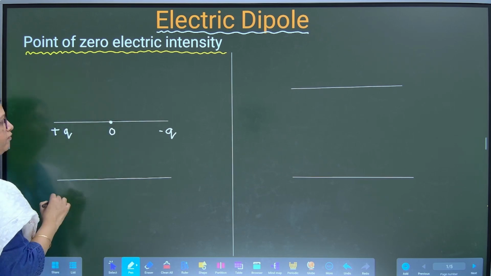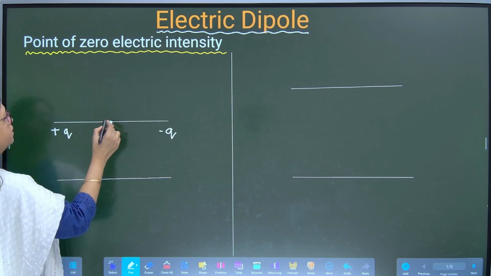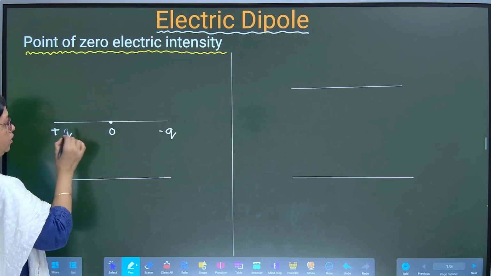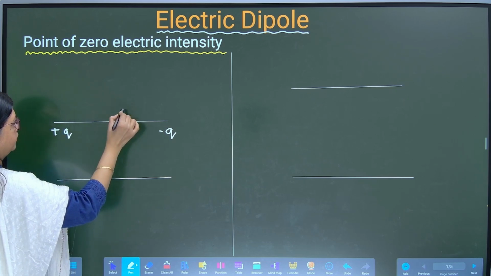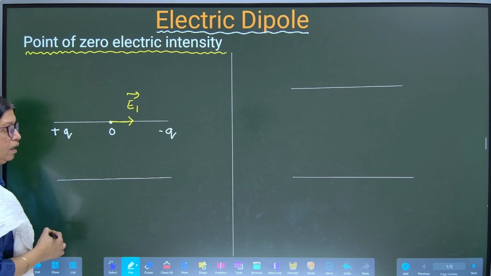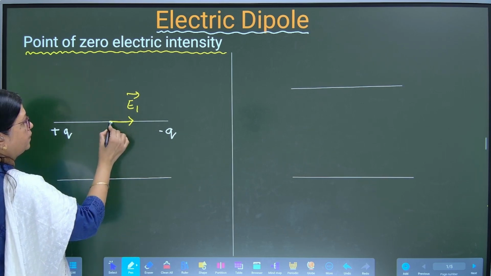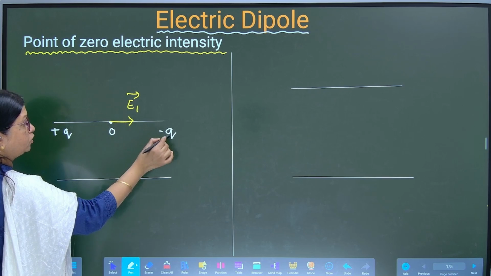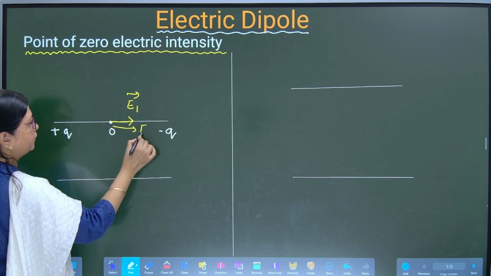So how do I find the electric field at this point? Due to the positive charge, as per the rule, the direction is from the positive charge outwards to the point. Let me name it E1. Now, as per the rule again, from the point to the negative charge, due to negative Q. Let me name it E2.